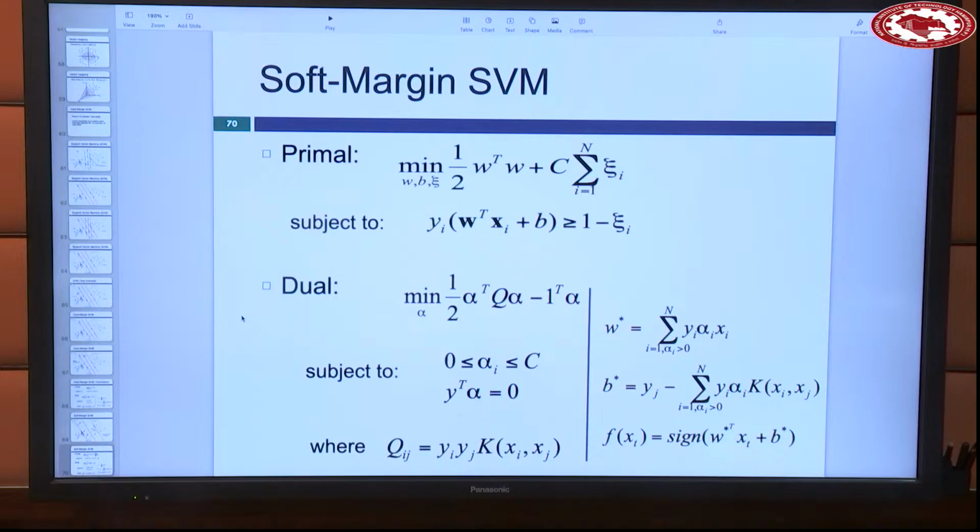It will say please do not go inside the margin. If the C value is very small, it will allow many of them to go inside. Based on this C parameter, the margin becomes wider or narrower. If C is very large, 100, 200, 300, 1000, it acts like a hard margin.